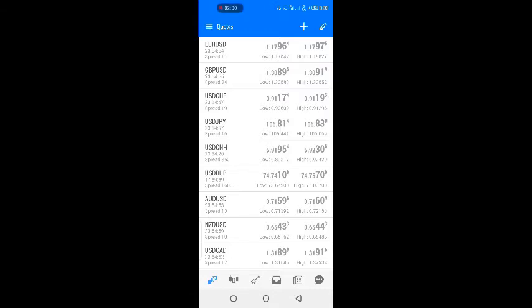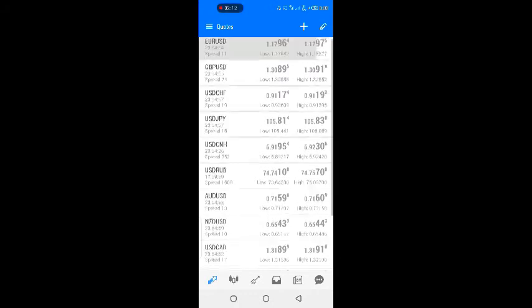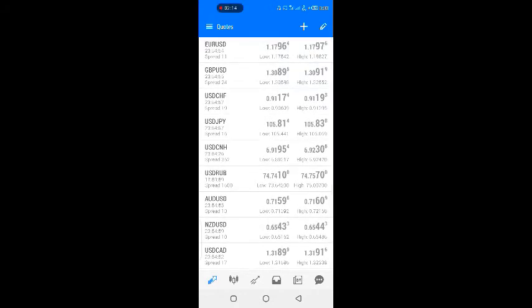That is 1. Then add a point in front of your 1. Then our pipette, 5 minus 4, that is 1, so 1.1. If you check under Euro USD in the first column, you would see spread 1.1. That is your spread. That is how much your broker is going to collect for authorizing this transaction.